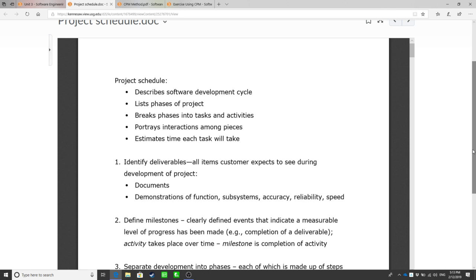We use the project schedule to describe the software development cycle, and we break the whole development process down into different phases. In each phase we also need to break it into different activities, and then we know how the different activities interact with each other.